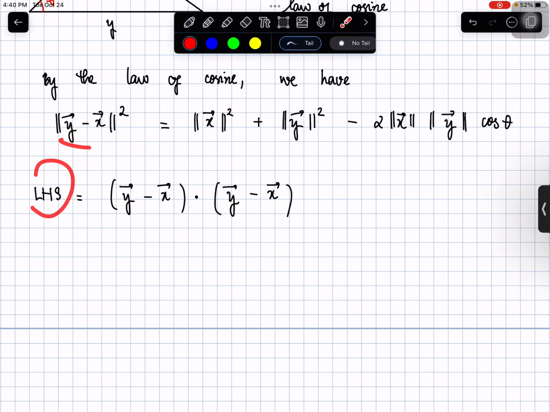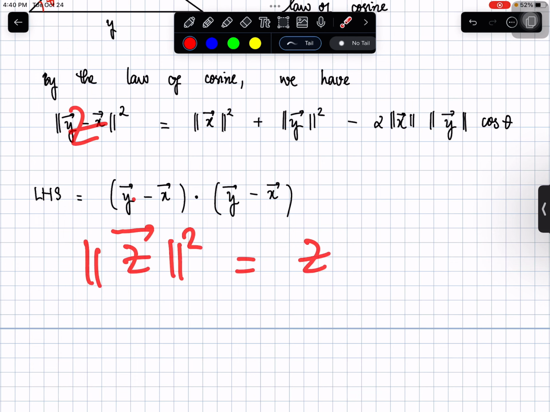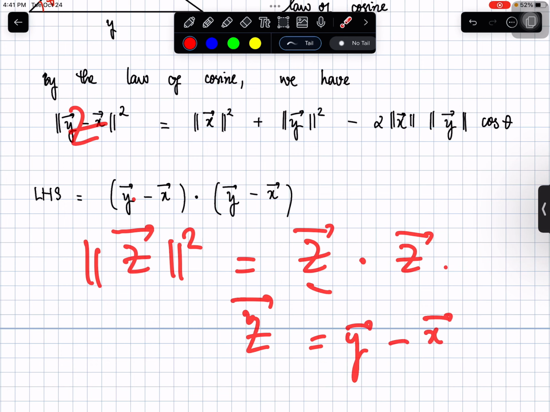Therefore, the left hand side is the vector y minus vector x dot product with vector y minus vector x. That's given by the length or the norm of the vector. For some vector z, z squared is z dot product with z, where z here is vector y minus vector x.